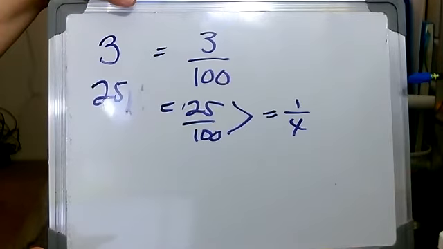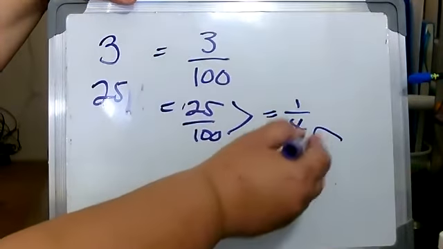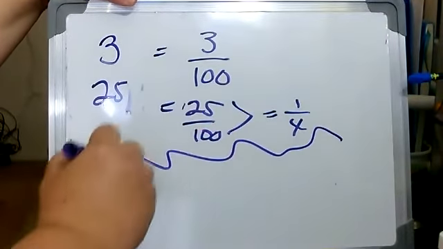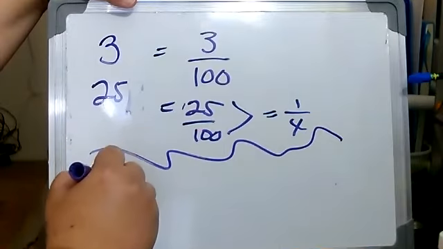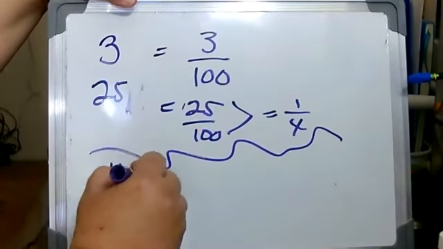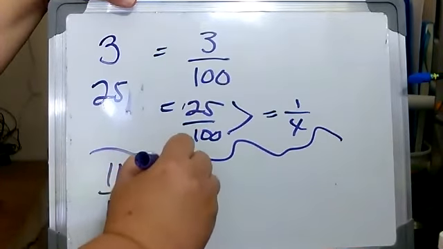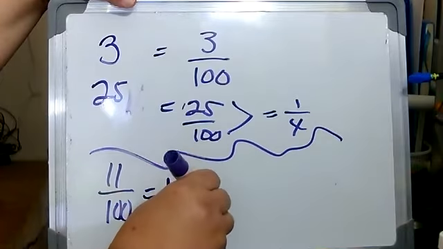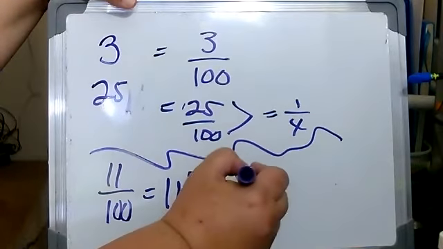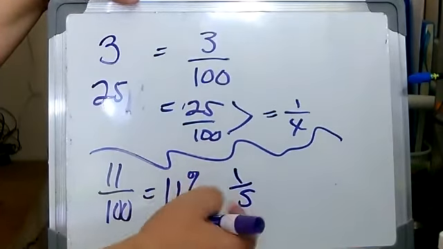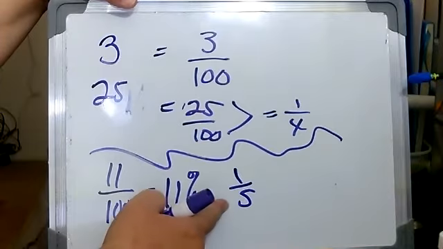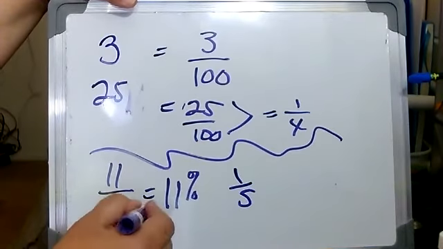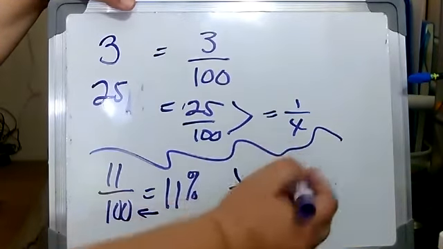And any fraction can be written as a percentage. So we have 11 over 100, which is the same as 11%. 1/5 can be written as a percentage, but you can't leave it that way. The denominator has to be 100, so you have to expand it out.